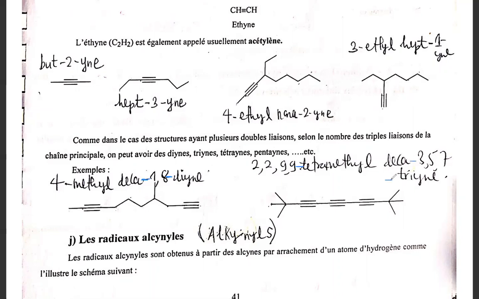The dashes are very important in IUPAC nomenclature. So at position number 4 we have a methyl. It will therefore be 4-methyl-deca-diyne. Is it clear?